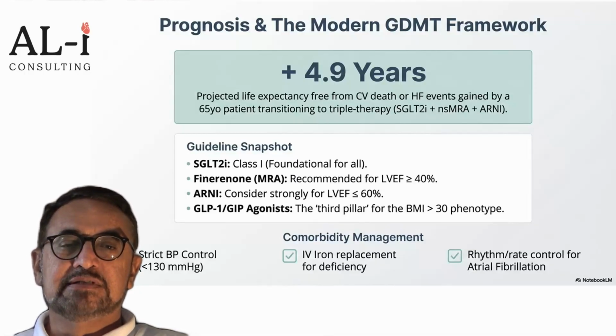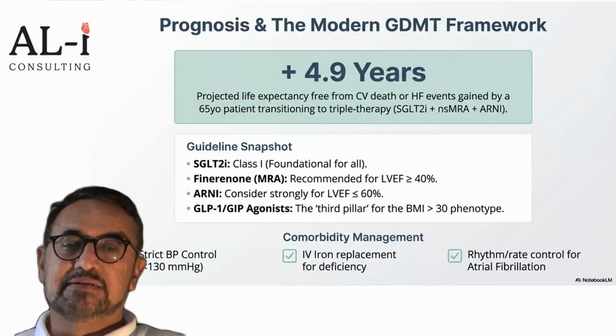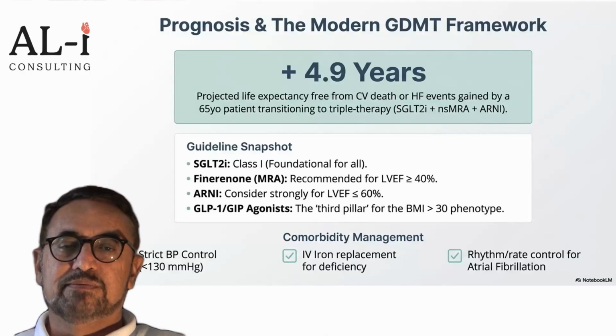ARNIs deserve a strong consideration when EF is 60% or less, and in patients with a body mass index above 30, GLP-1 or dual GLP-GIP agonists increasingly act as a third pillar. Around that core, meticulous comorbidity management still matters. Strict blood pressure control, IV iron when indicated, careful rhythm or rate control for atrial fibrillation.